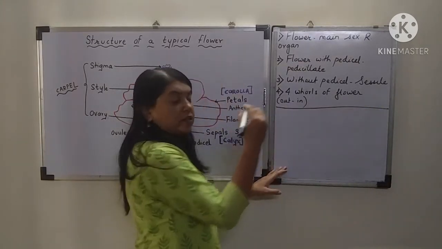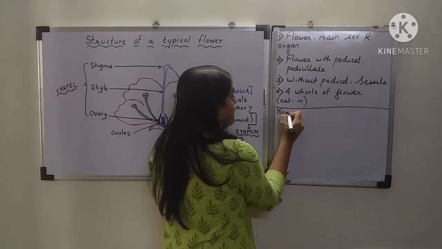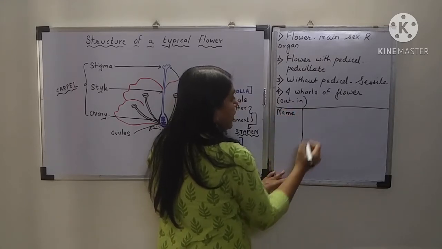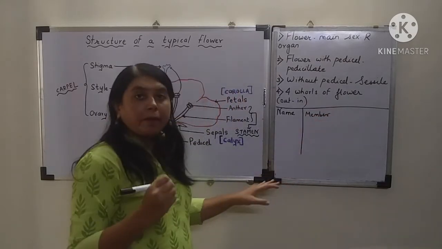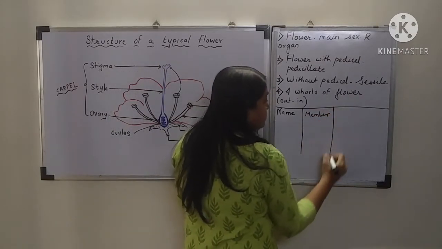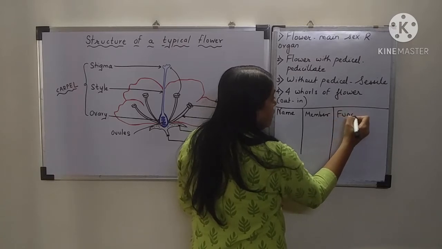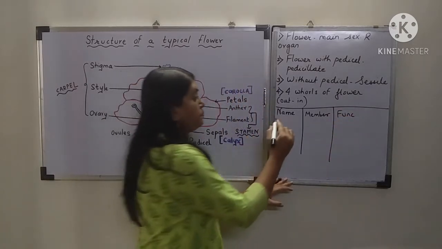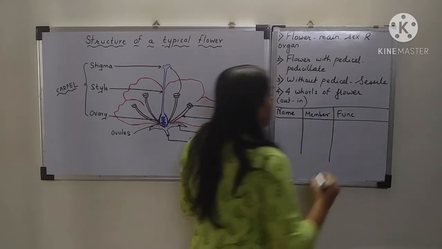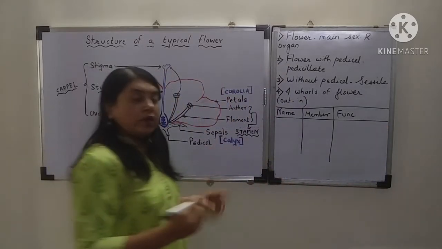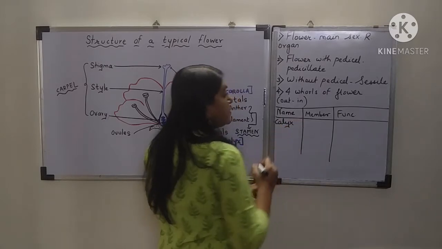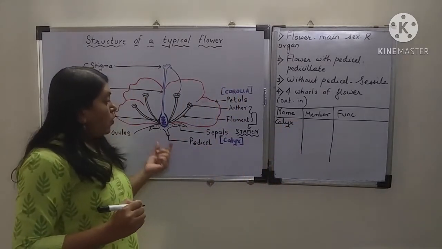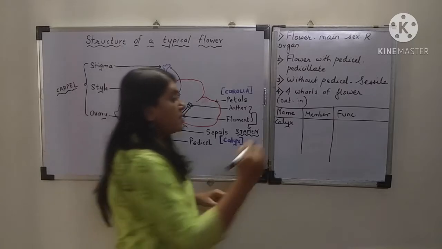Here you will write the name of the whorl, then the individual member, and then the function of the whorl. So the name of the whorl is calyx. The members of the calyx are called sepals.